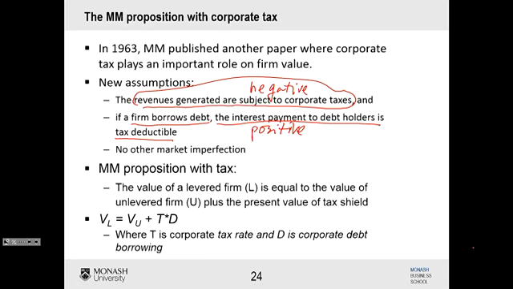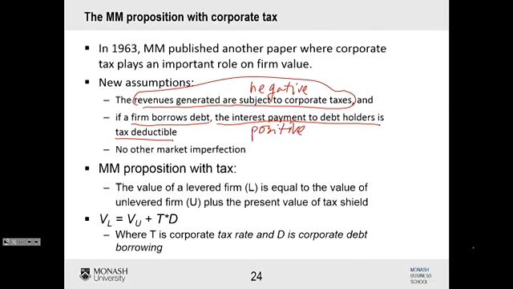From full equity financing, as long as you increase the debt in the company's capital structure, if the government is going to tax the entrepreneur, which is the true case in every country, even in tax havens like Bermuda, Bahamas, Hong Kong, Singapore, which are very low tax areas, 10%. Coming from Hong Kong, 10%. Here, 30%, 35%.